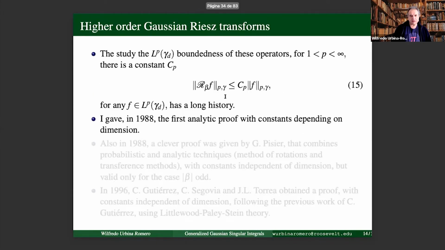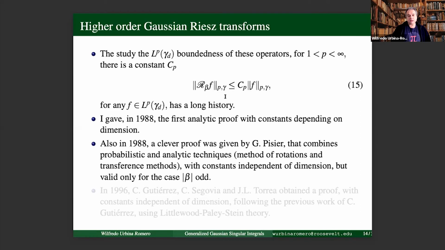So I also, in my doctoral dissertation, gave the first analytic proof for that. And yes, the constants depend on dimension. And then in 1988, Pisier also gave a proof, with constant independent of dimension, because it was a combination of analytic and probabilistic methods.